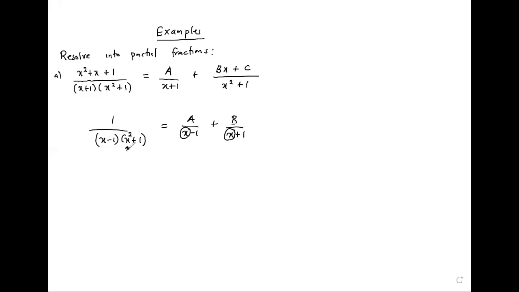We want the difference to be 1. So if we increase this to x squared plus 1, you cannot have a b on top. You have a bx, so the difference between the powers of x is 1. And then we'll have a c, because if there's an x, then there should be a constant.